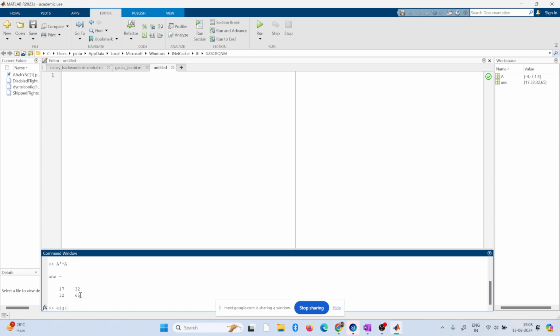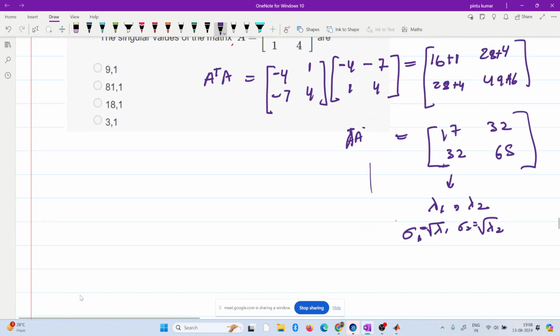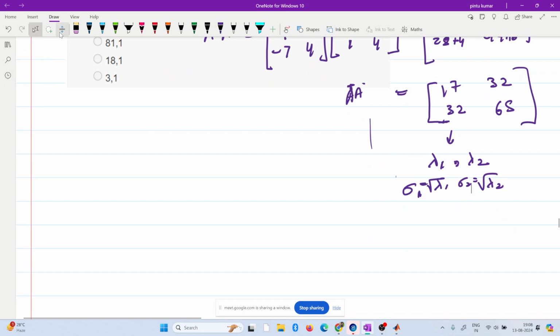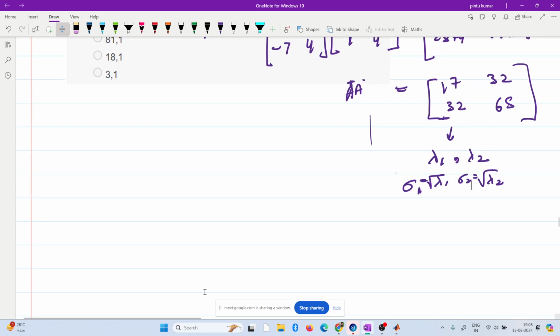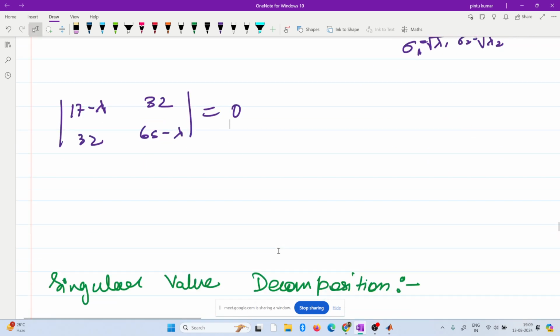Okay. So I think 1 comma 81 is correct. I have verified, but let's try to solve it. Let's call the matrix T for the time being. So the determinant of T minus lambda I would be something like 17 minus lambda. Now I'm skipping some steps because I think you are now familiar with how to calculate eigenvalues. I want this to be 0, right?